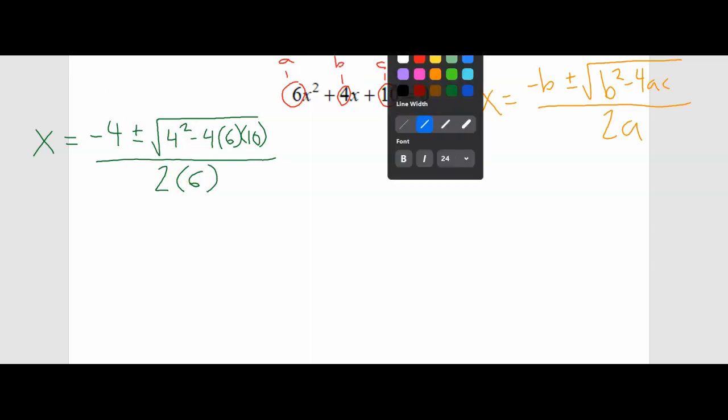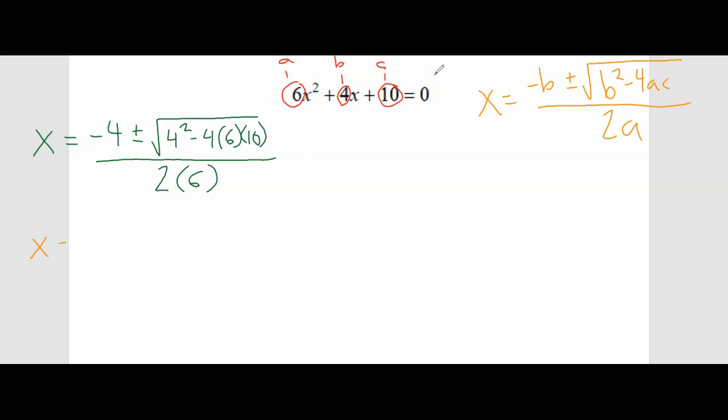Let's start simplifying. I'm going to get x is equal to negative 4 plus or minus the square root of 16 minus 4 times 6 times 10. That's 240 all over 12.